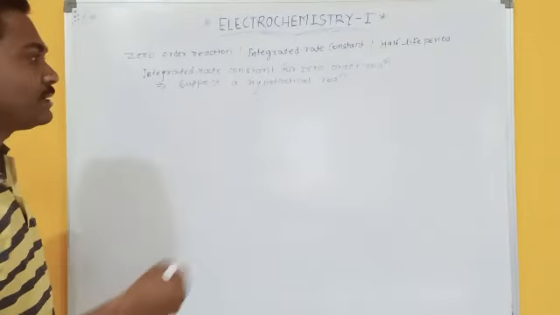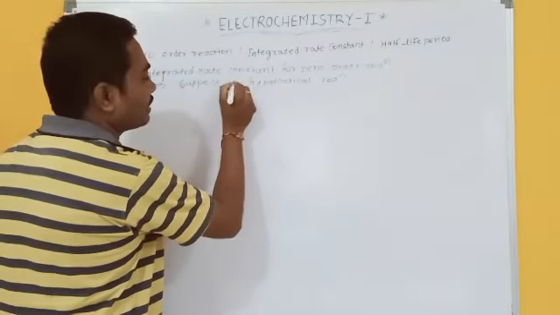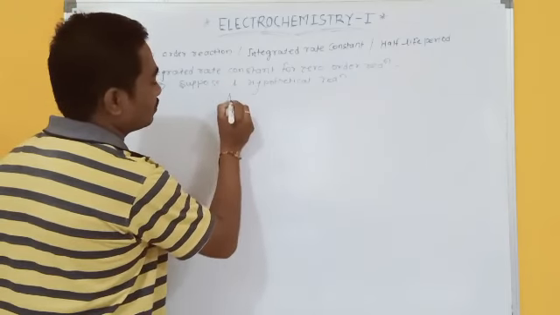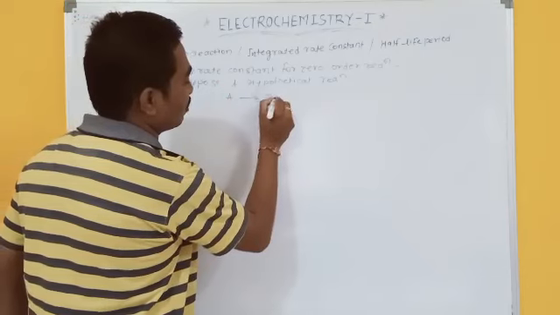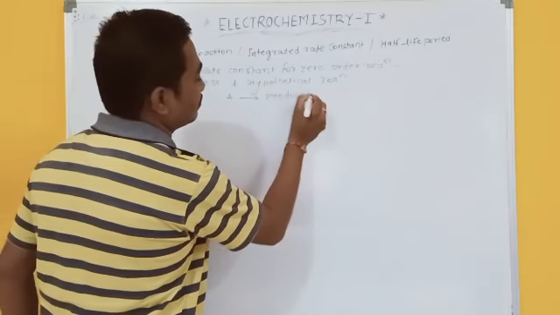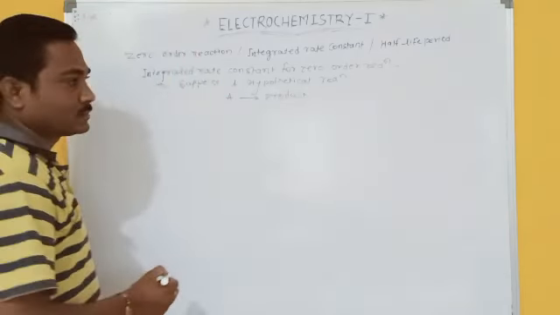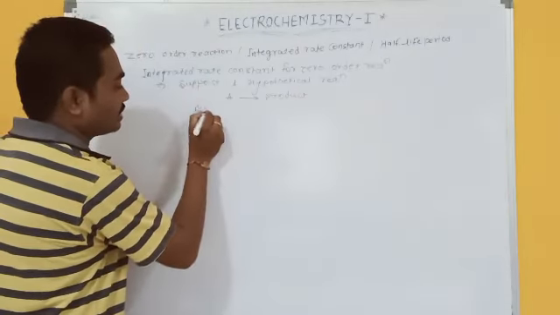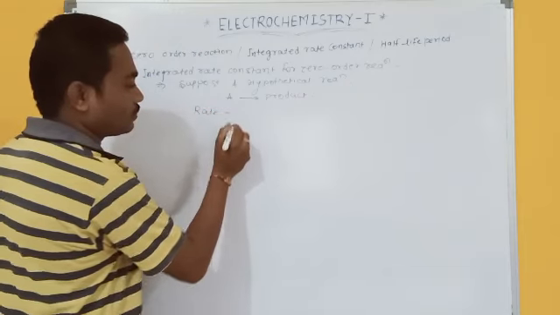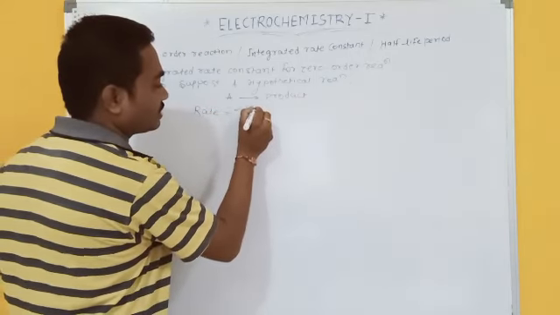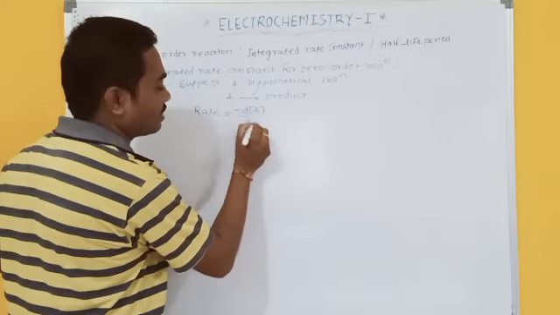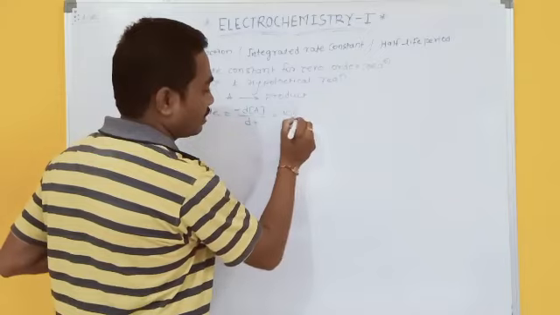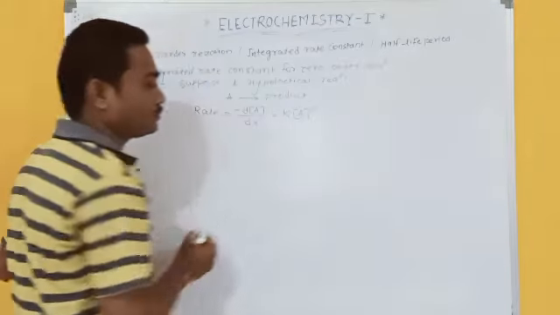Hypothetically, that is, an imaginary reaction. Suppose a hypothetical reaction A changes to product. Again, according to the law of mass action as well as the rate law expression, we can write the rate of such a reaction as rate is equal to minus d concentration of A divided by dt is equal to K A raised to power 0.